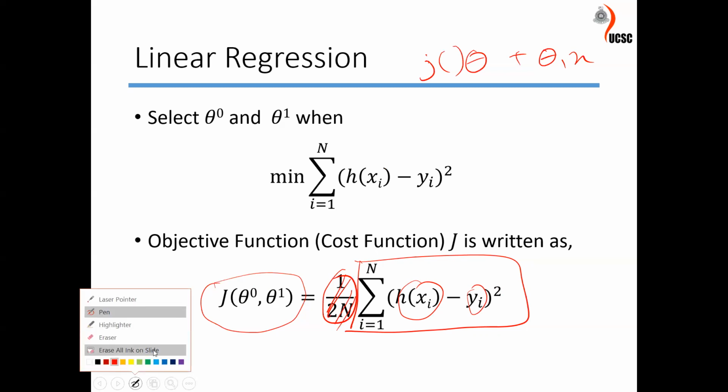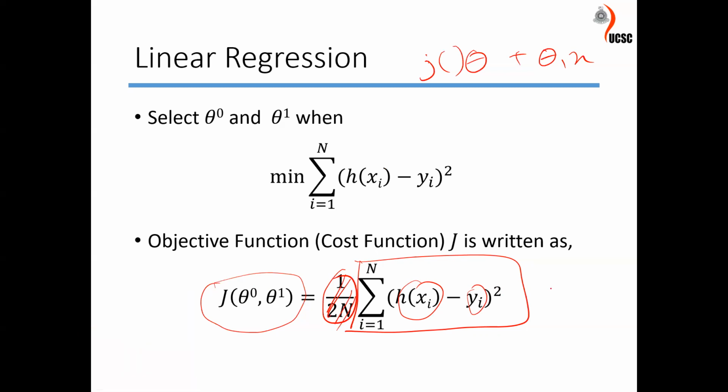This is our cost function. If we can find the minimum value for this cost function, then we are done. We have come up with the function that gives the minimum error. If it gives the minimum error, that basically means our hx will be most fitted to the data points.